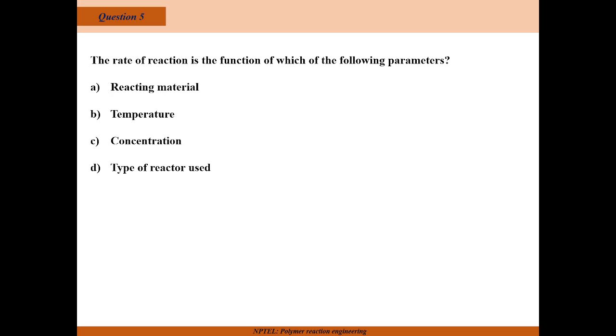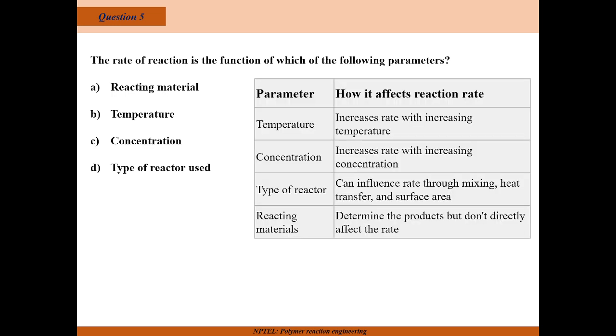Still, as Sir said, the concentration plays a very crucial part, as does the temperature, and also the type of the reactor, and also the reacting material. The answer could be given as reacting material. Yes, reacting material defines the reaction, but when we consider the parameters as a whole, the rate of the reaction is majorly considered by temperature.